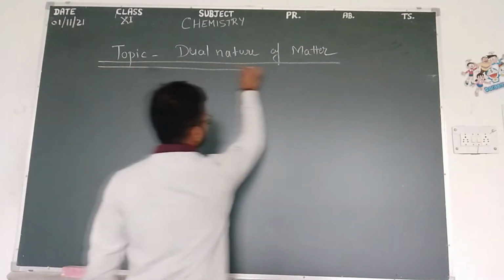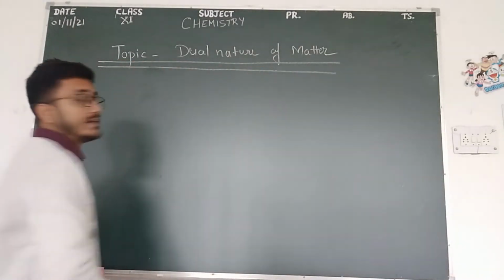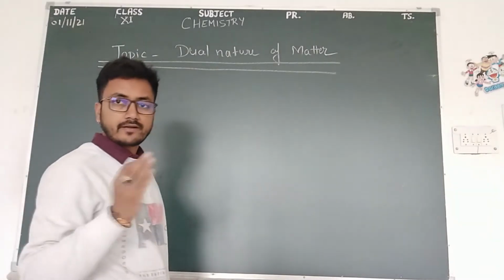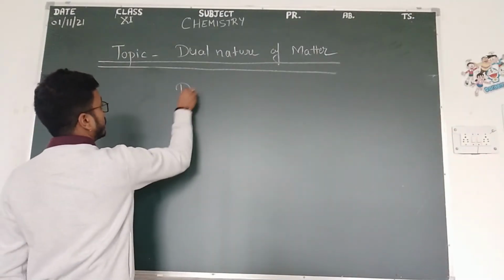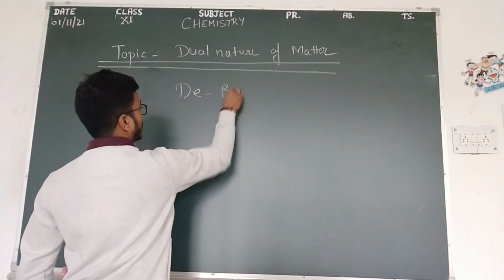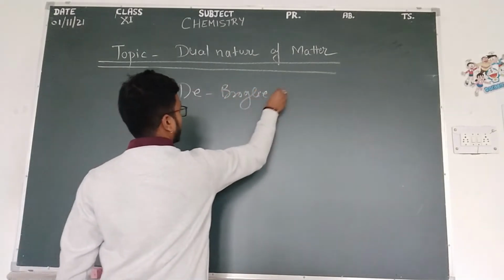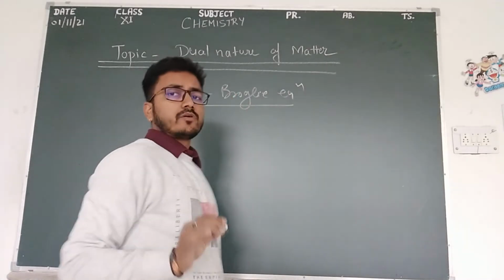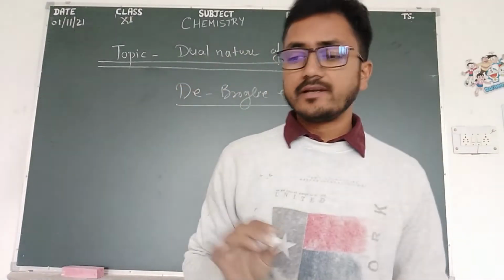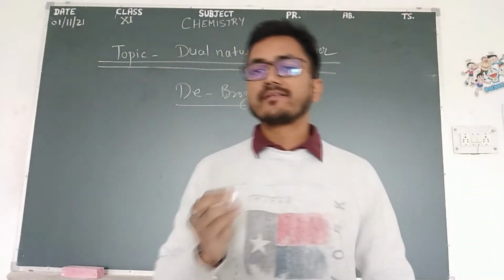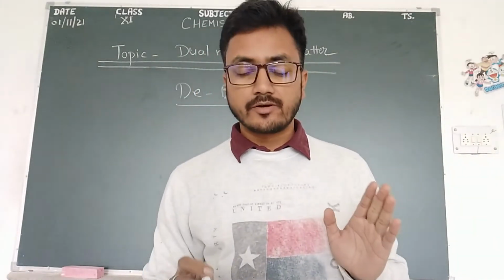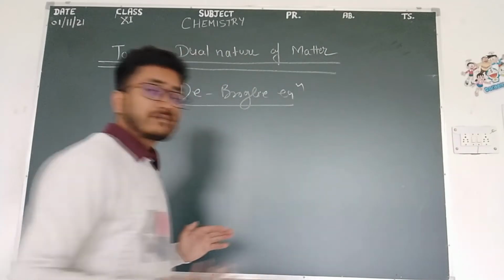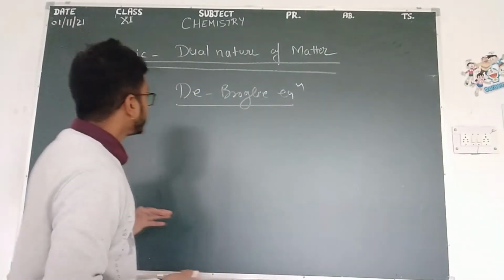So today we are going to discuss the de Broglie equation related to the dual nature of matter. De Broglie, with the help of Einstein and Planck's quantum theory, proposed a relation between the wavelength and mass of matter.